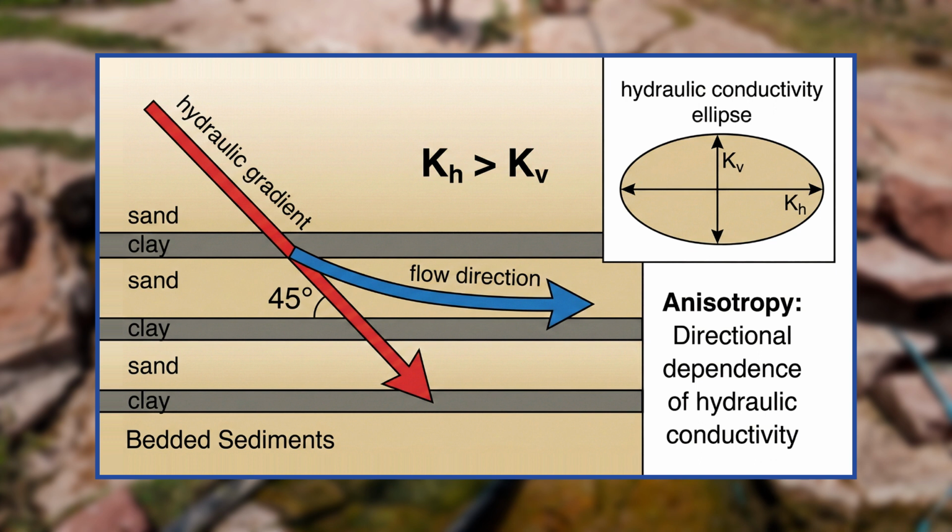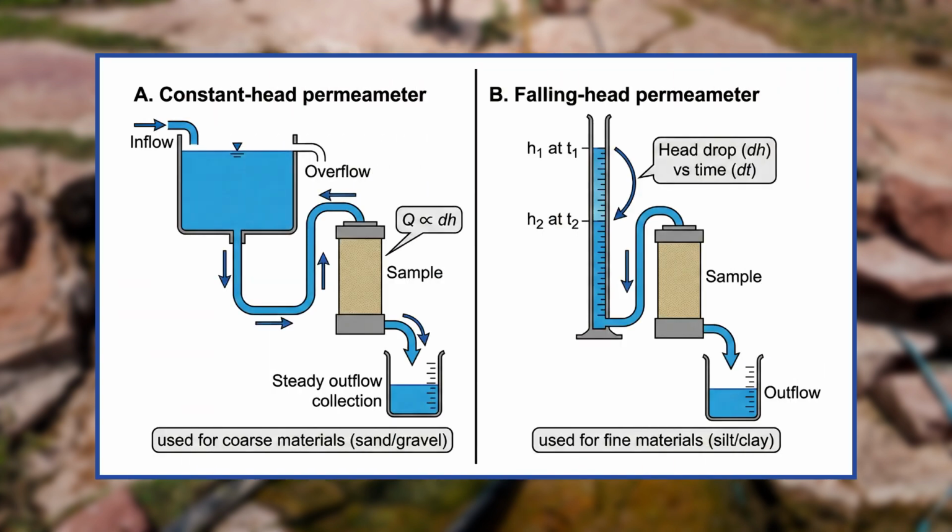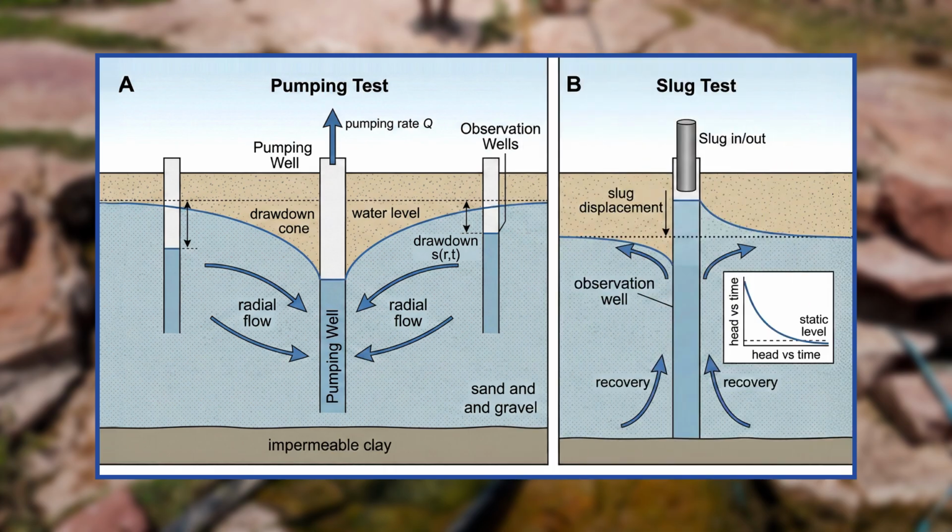Permeability and hydraulic conductivity are measured using laboratory devices called permeameters, or constant head or falling head tests, or through field methods such as pumping and slug tests.